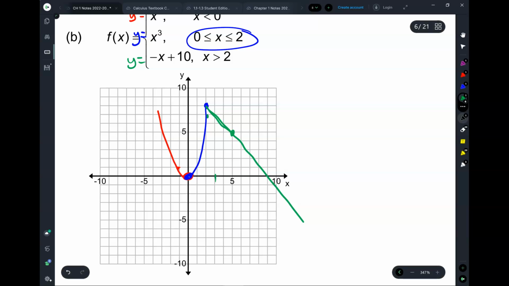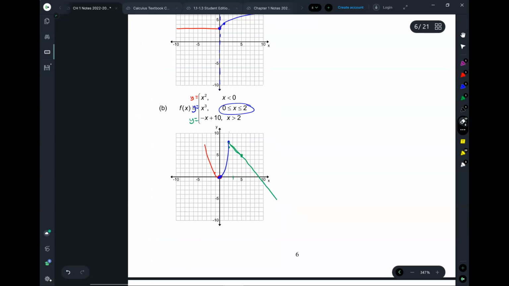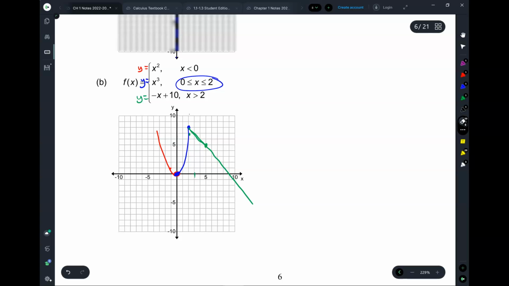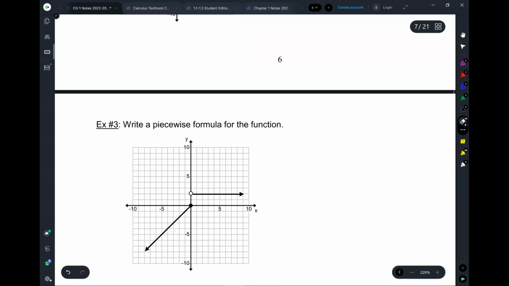If I was just graphing x cubed, it would have looked like this. But this only lives from 0 to 2, so that's the only part. Yeah. Of course. Because it's a closed circle, because it's a greater than or equal to at 2, so that's another boundary.